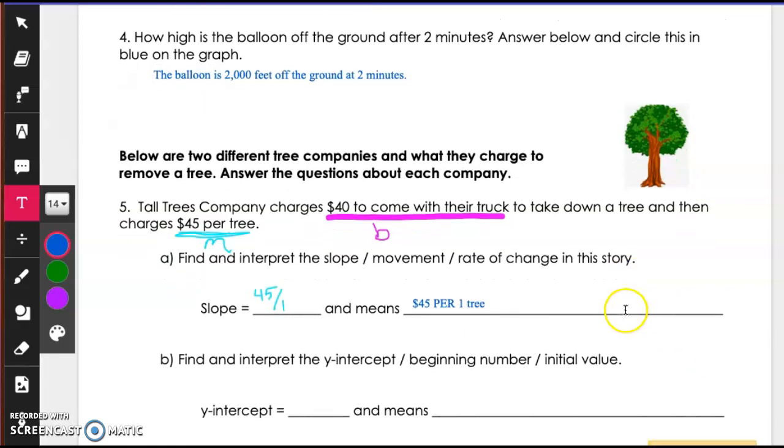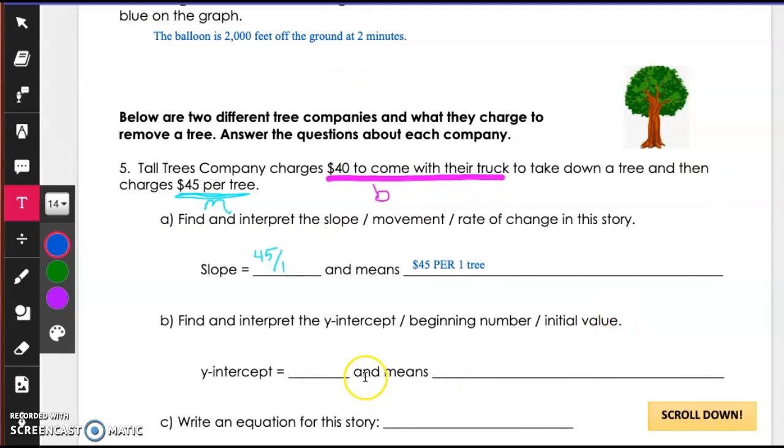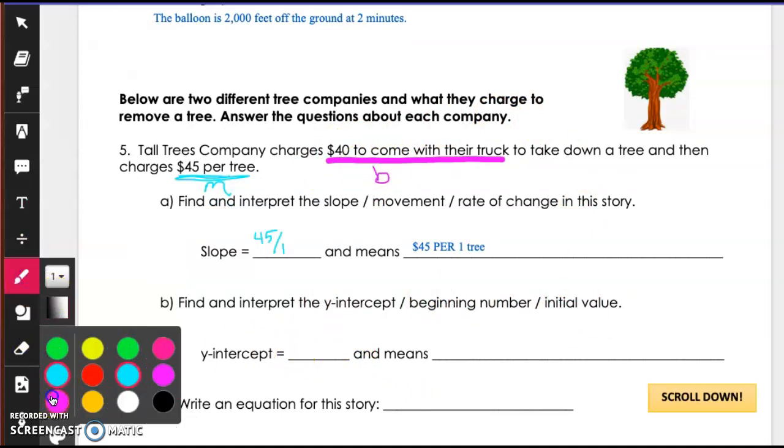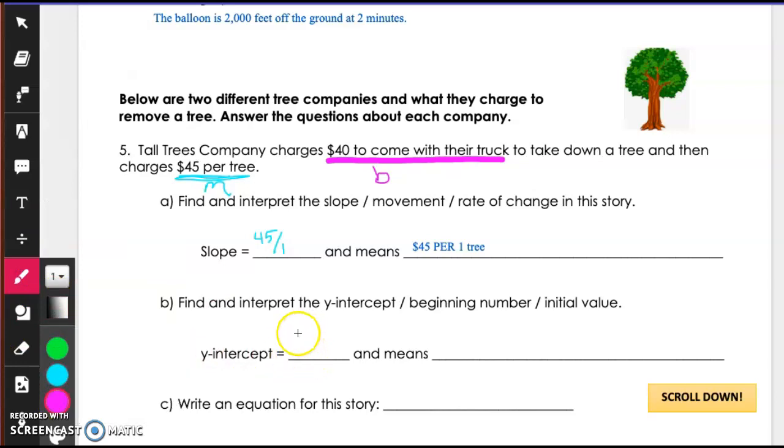Okay. How about the y-intercept, the beginning number, the initial value? It's this one. The y-intercept, I like to write it as an ordered pair again because usually we talk about it as 2 numbers. So this is 0, 40. Y-intercept, it would be our y-axis, so it is our x, y value.